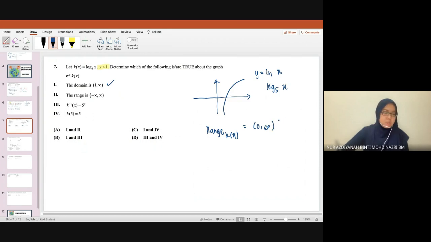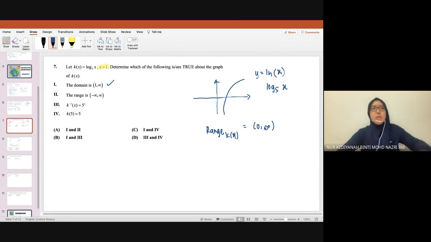Dia bukan negative infinity tapi untuk log. So macam mana nak cari nilai ni? Kalau kita tengok balik tadi, log ni untuk nak dapatkan this one dia greater than 1. So kalau untuk log ni, yang dalam bracket ni greater than 0 kan.